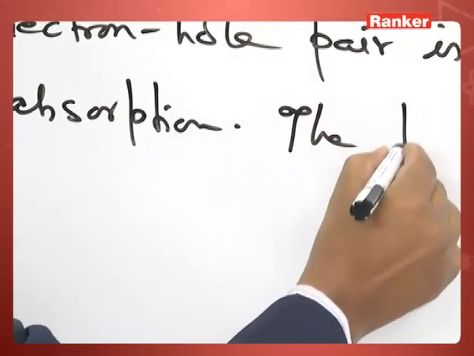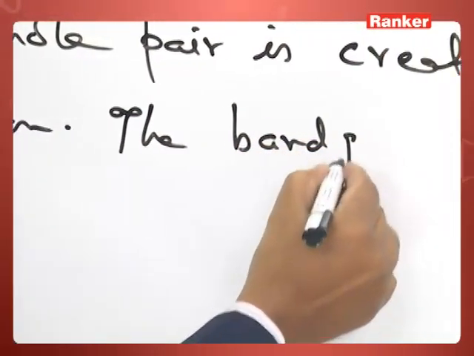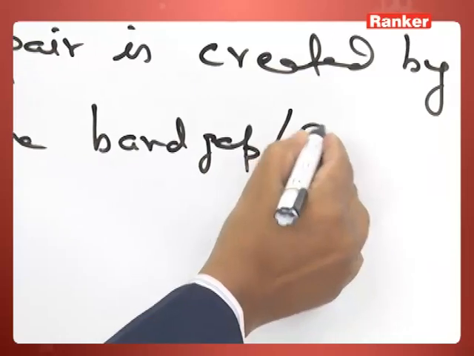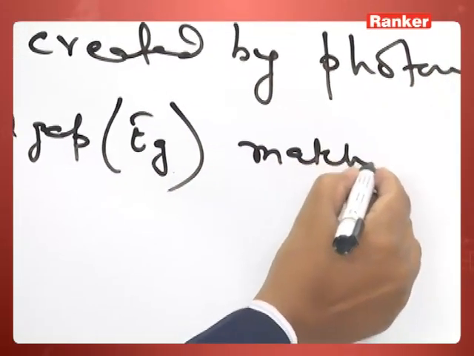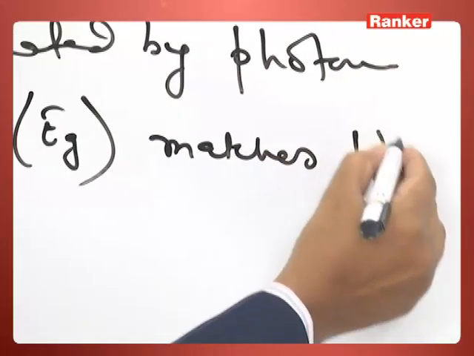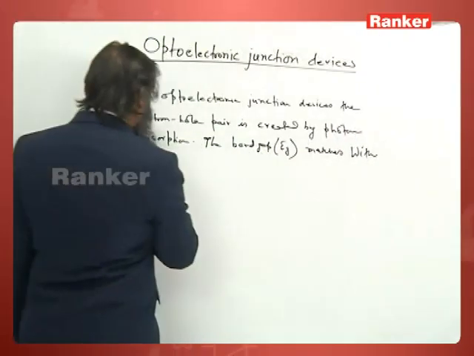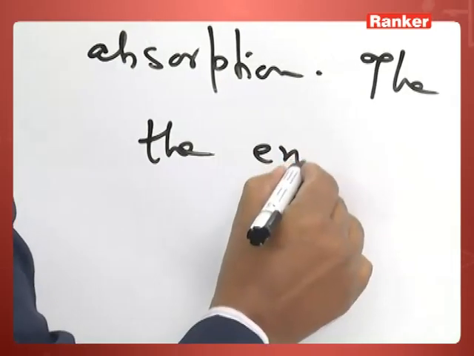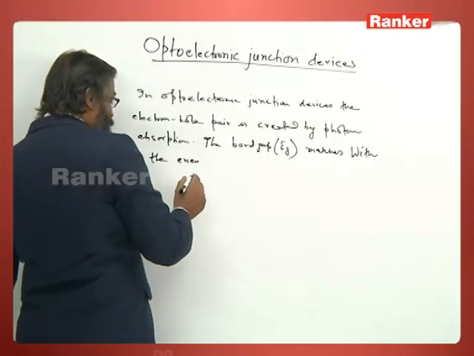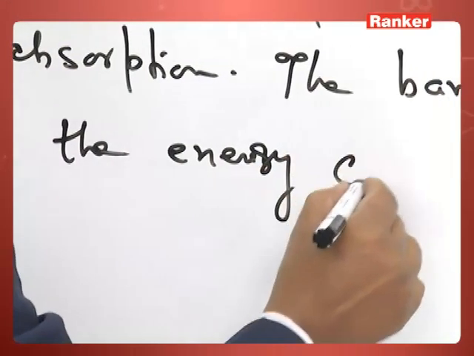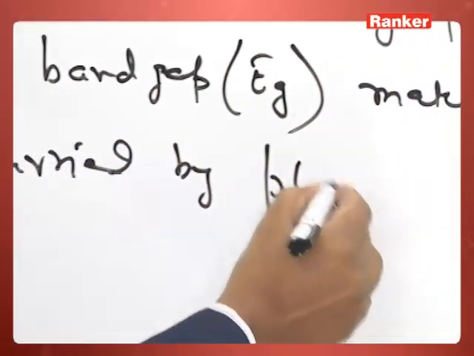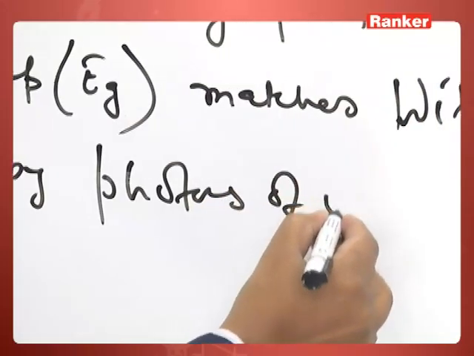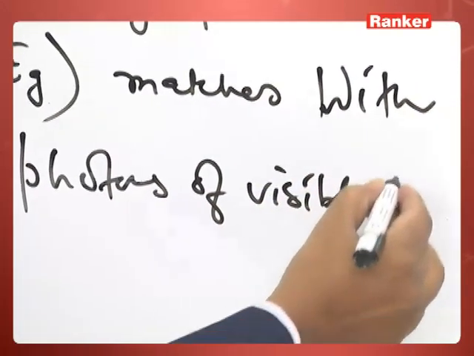The band gap EG matches with the energy carried by photons of visible light.